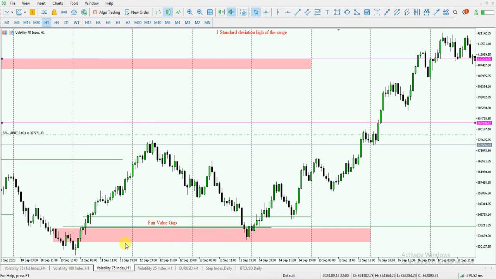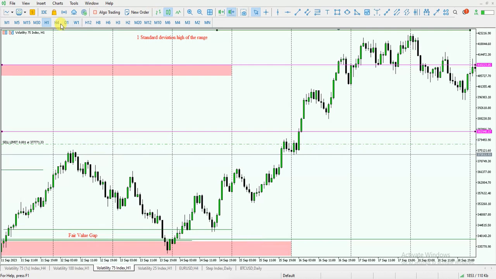On the 1-hour time frame, price traded into this particular order block resting here, and couldn't close in the fair value gap. So it gives you a more refined entry, minimizing the stop so that your stop loss will be little, a minimal optimal trade entry.